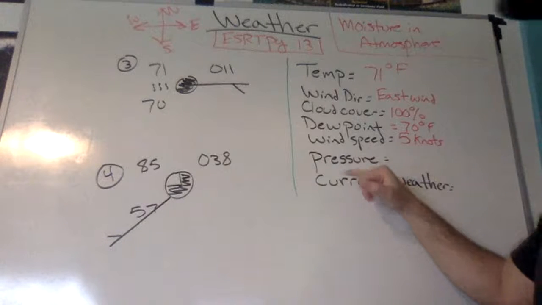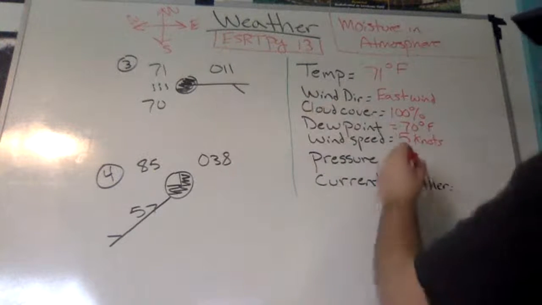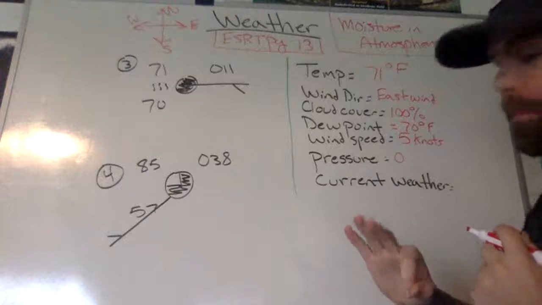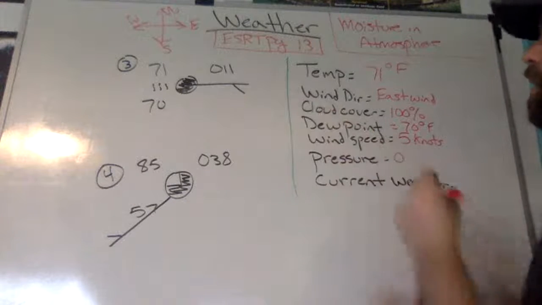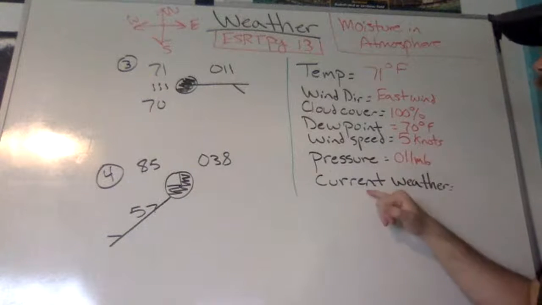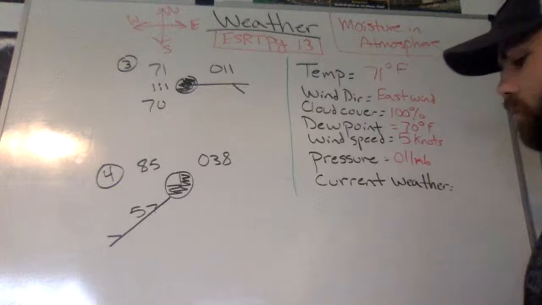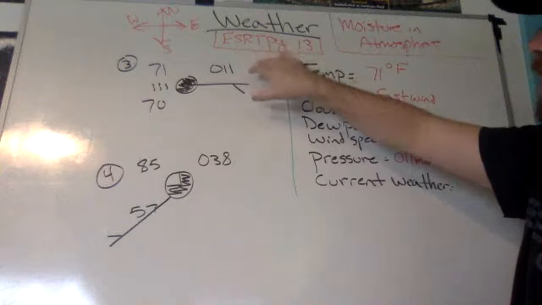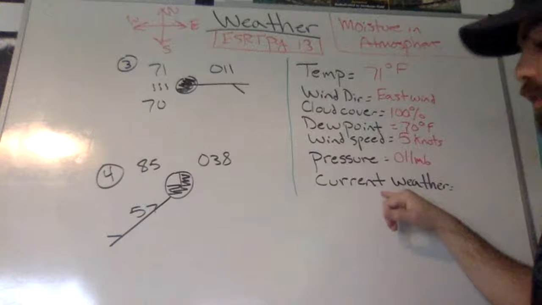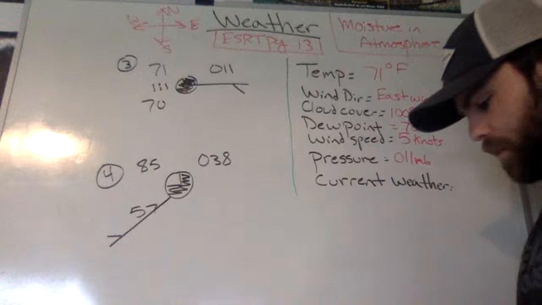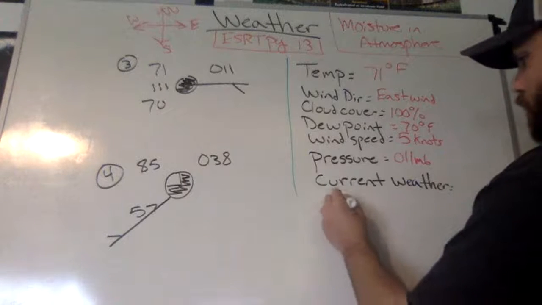Now the pressure is always the top right. So remember, we're always keeping in that 0. It's always 3, okay? You always want to keep that. So 0, 1, 1 millibars. Now we look at the current weather. So if you go to Earth Science Reference Table, page 13, you look at the current weather, you have these little drops, and that equals drizzle.